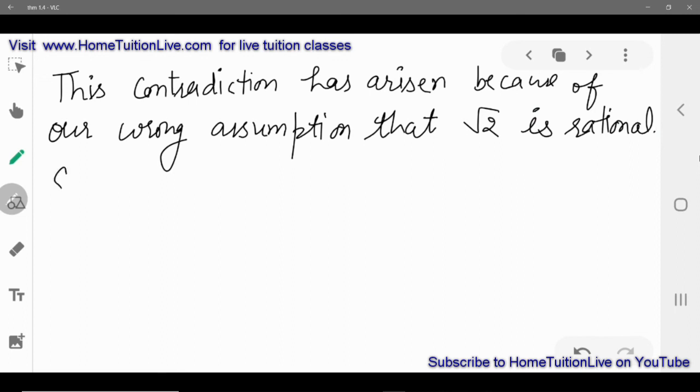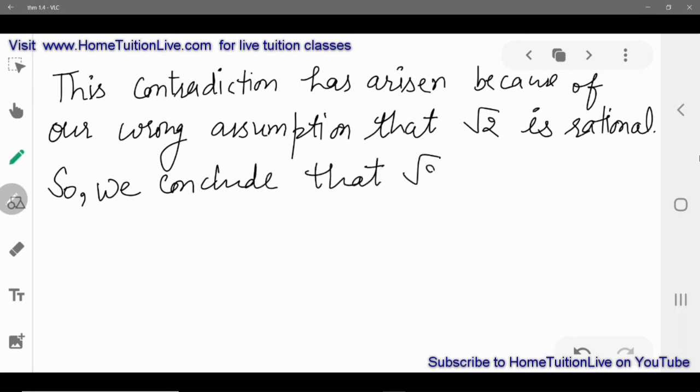So we conclude that root 2 is irrational.